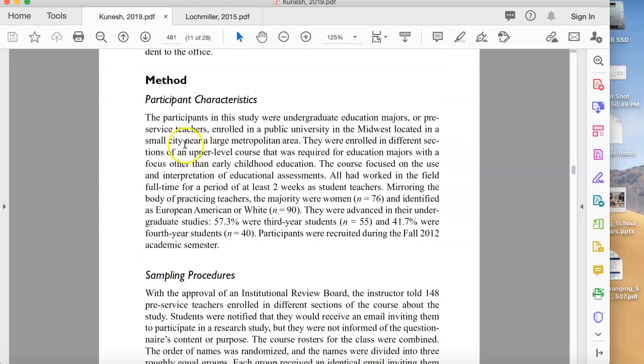So here it is. The method, they talk about who the participants are. And in this case, we start to see the traces that this is a statistical analysis. We have an N, which basically means the sample size. So they have 76 women. Most of them are men. Most of them are white, Caucasian or white.